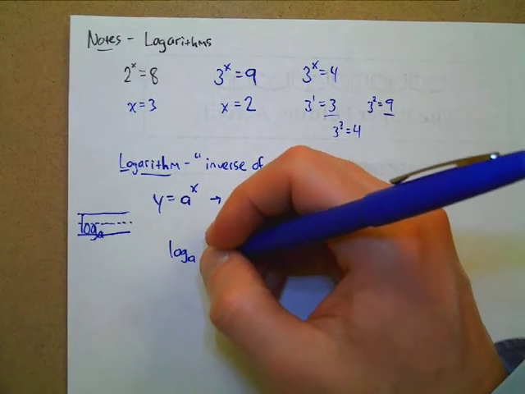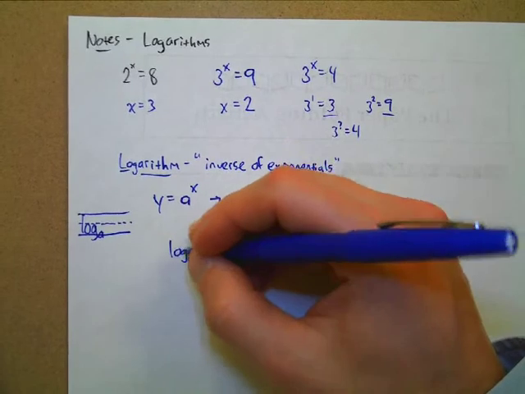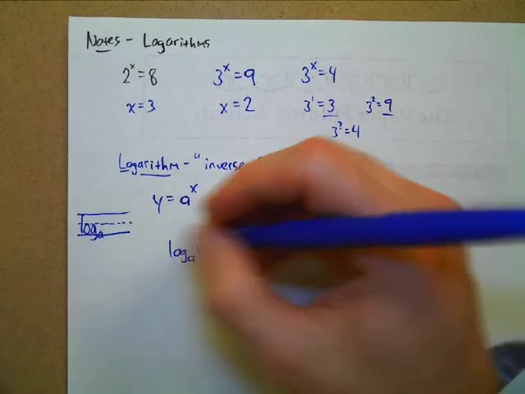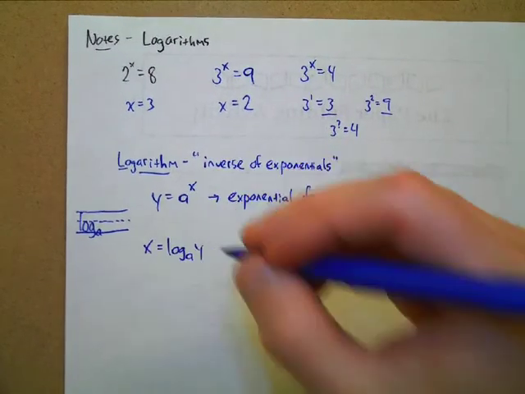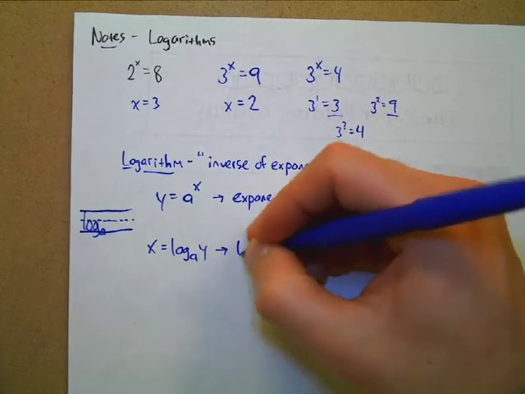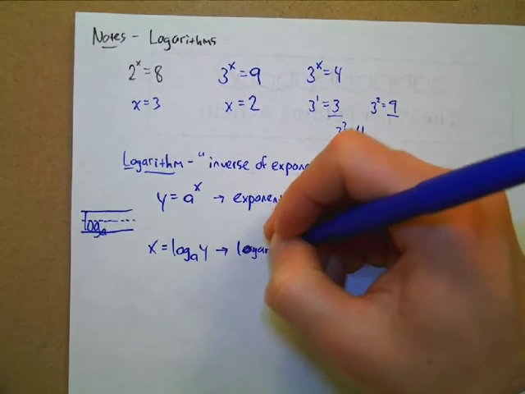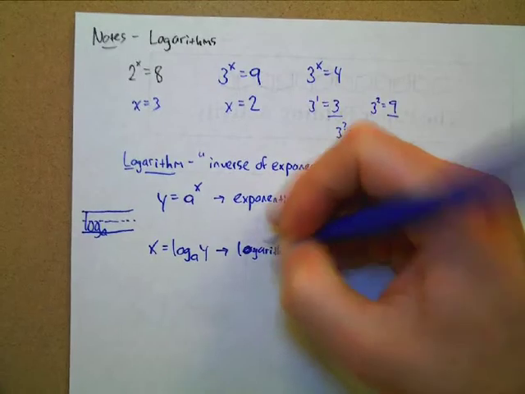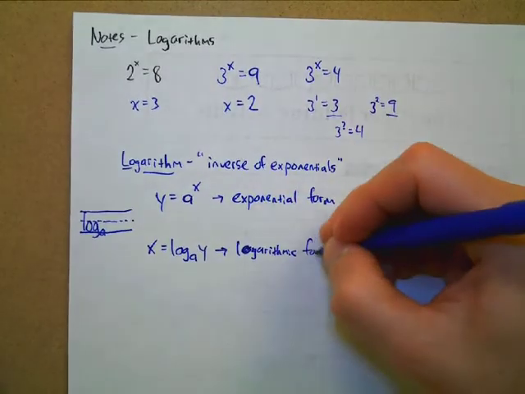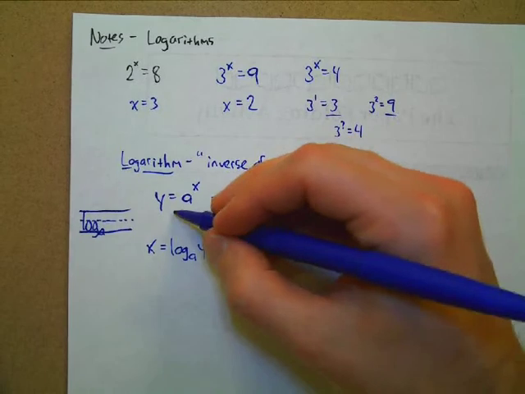Anyway. So log base a of y equals x. This is the equivalent logarithmic form of what we just wrote up here. So these two things are equal.